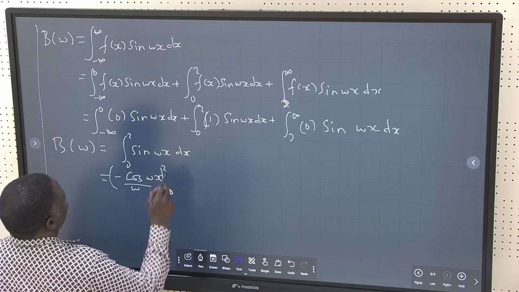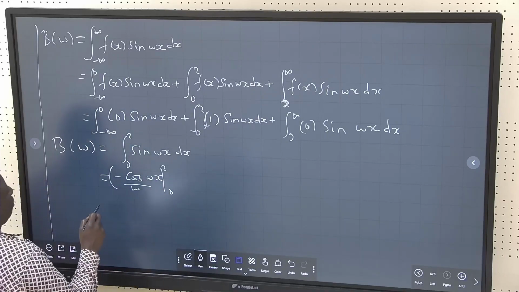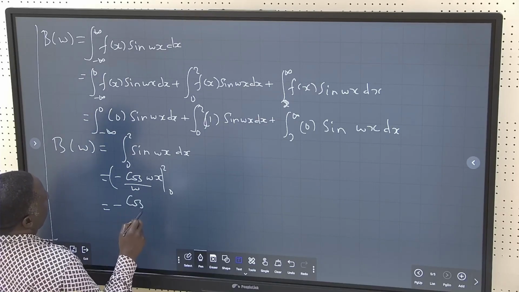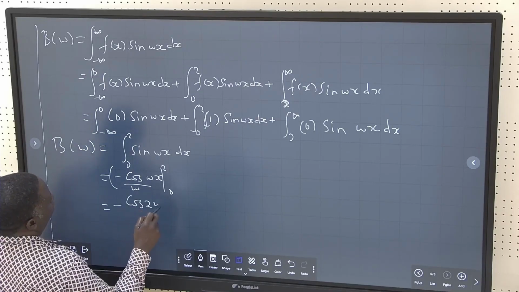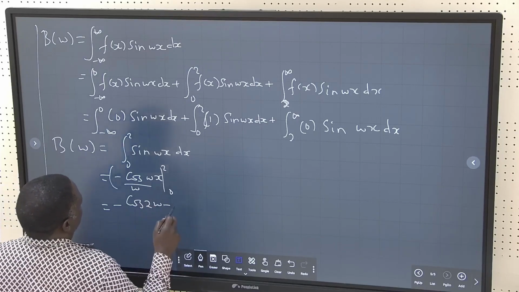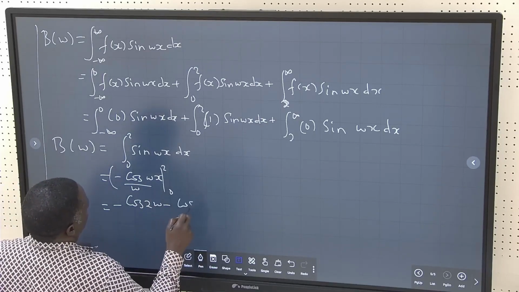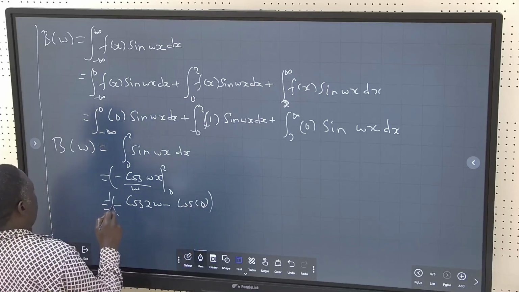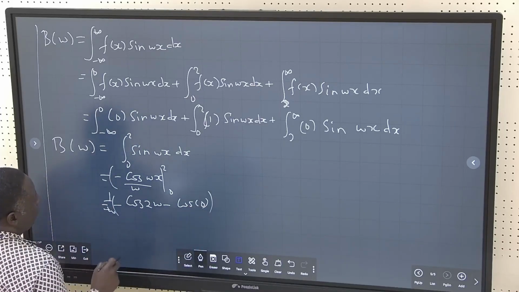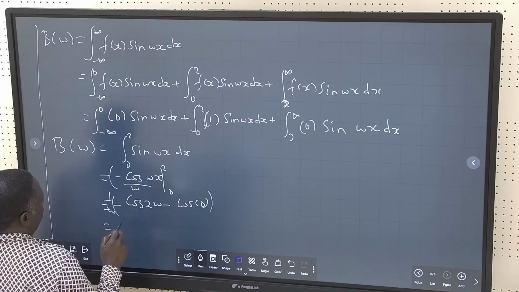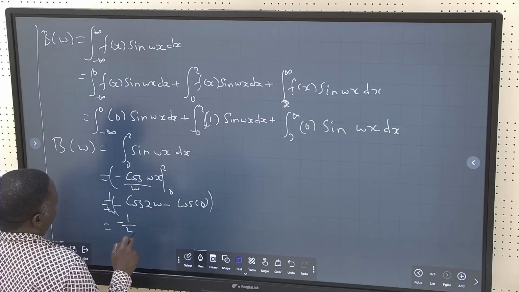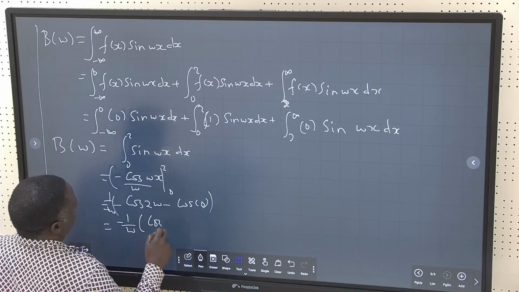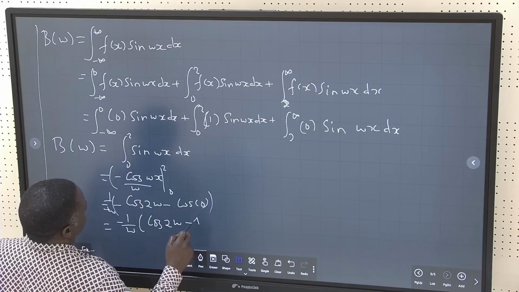Substituting the values of x from 0 to 2, you get negative cosine 2 omega minus cosine of 0, multiplied the whole of it by 1 over omega. Now this is negative 1 over omega times the bracket cosine 2 omega minus 1.